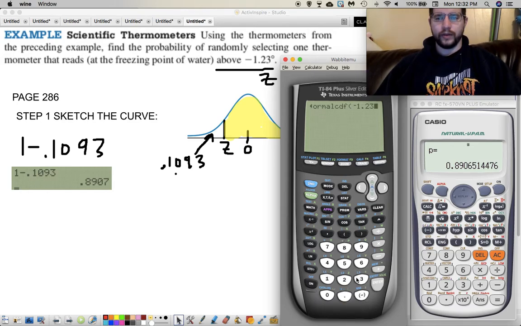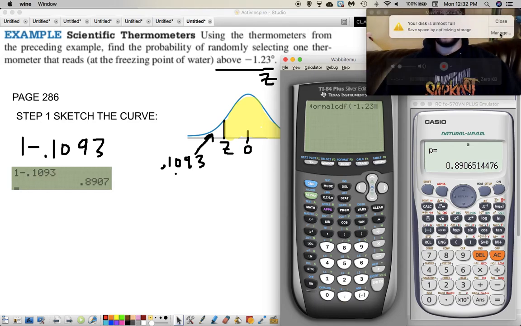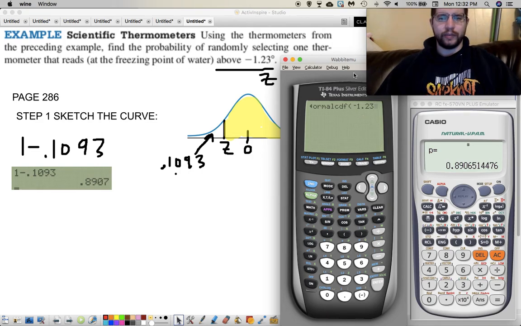Upper bound, we're going to do 1 times 10 to the 99. And for the mean and standard deviation, you could leave it blank since it's standard, or you can put it in there. 0 the mean, 1 the standard deviation, 0.89065, which again rounds to 0.8907. So any way we do it, we get the same thing.